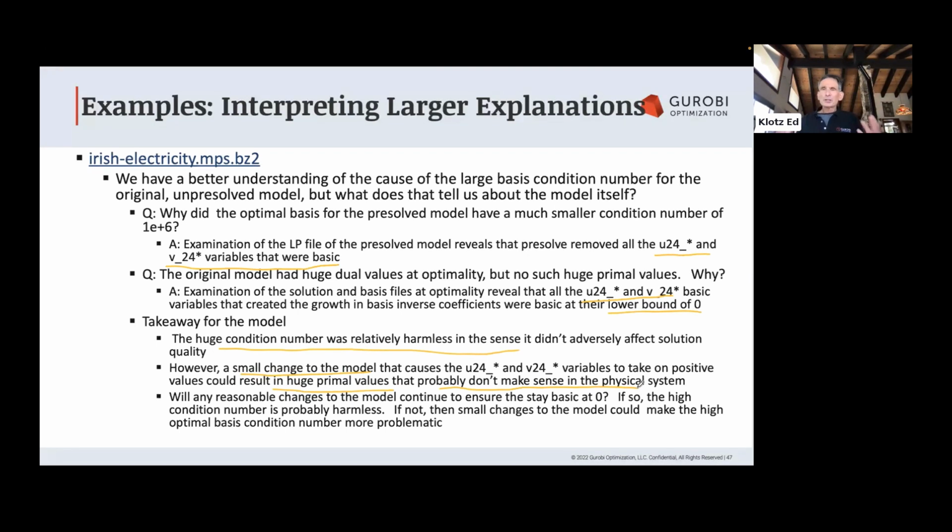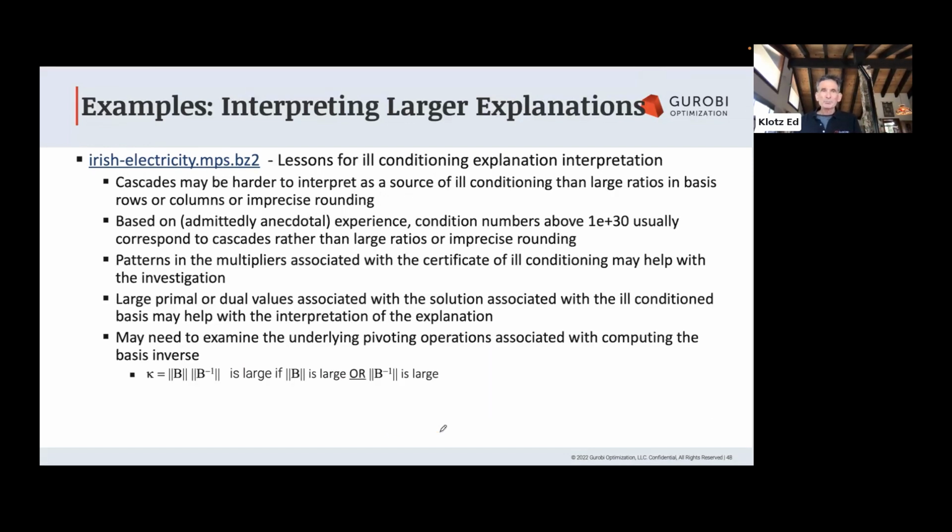So the ill conditioning is there, but we never really hit it. So I think we have a better understanding, but in some sense, you don't need to really fix the ill conditioning in this model, although it would be useful to understand from a modeling perspective what this means.